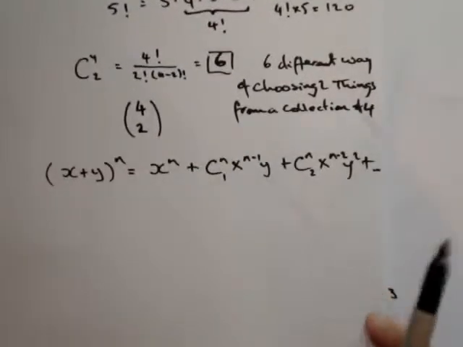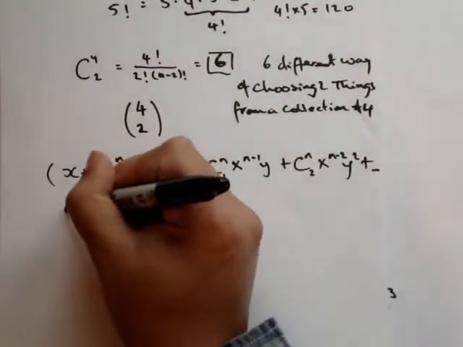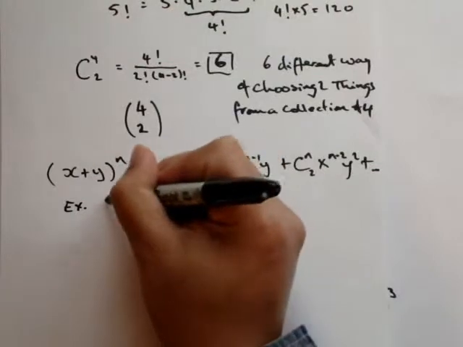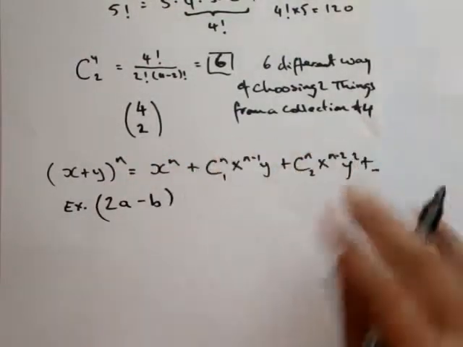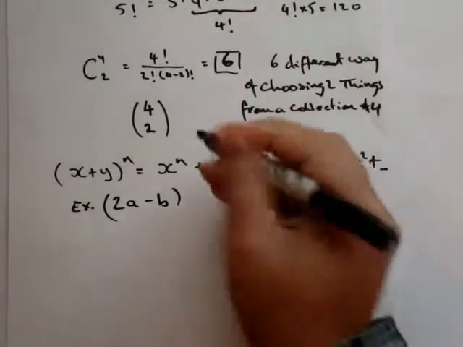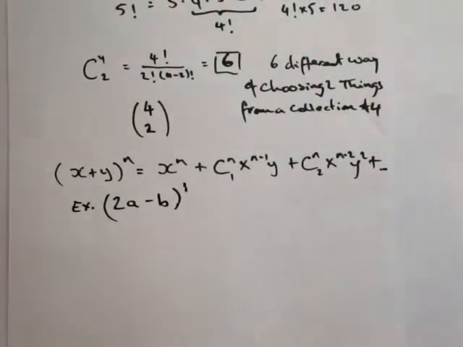Let's have a look at an example. So if we have 2a minus b, let's have a look here, 2a minus b to the power 3.